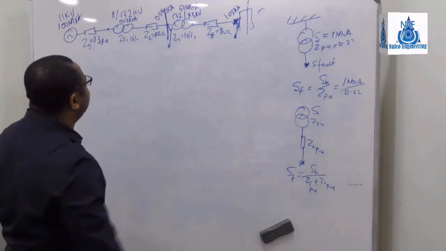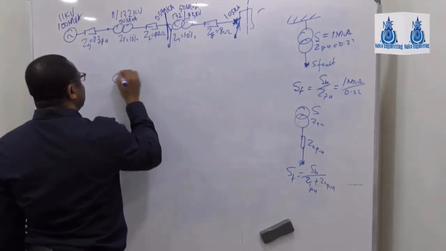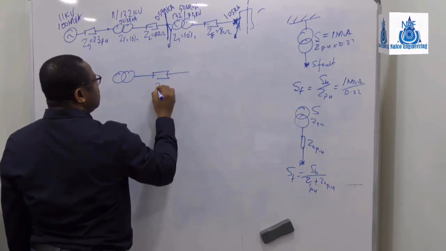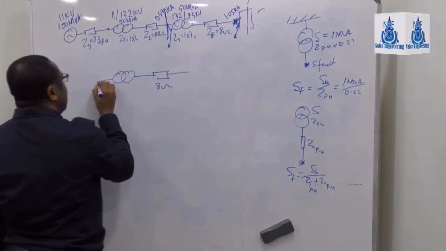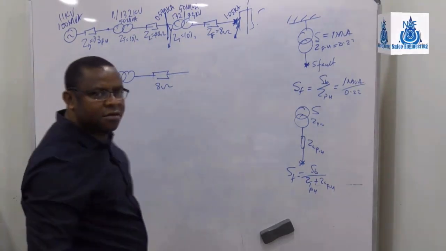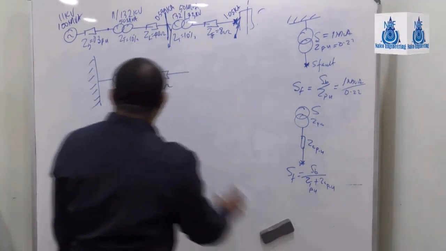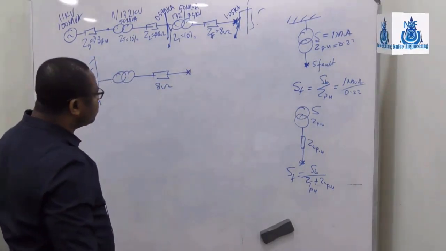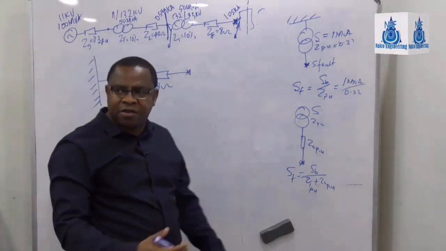Now, let's assume that you have a problem like this, and you have that impedance as 8 ohms, and you have the ESCOM bus bar. You are asked to calculate the fault level at this point, and from there calculate the fault current.